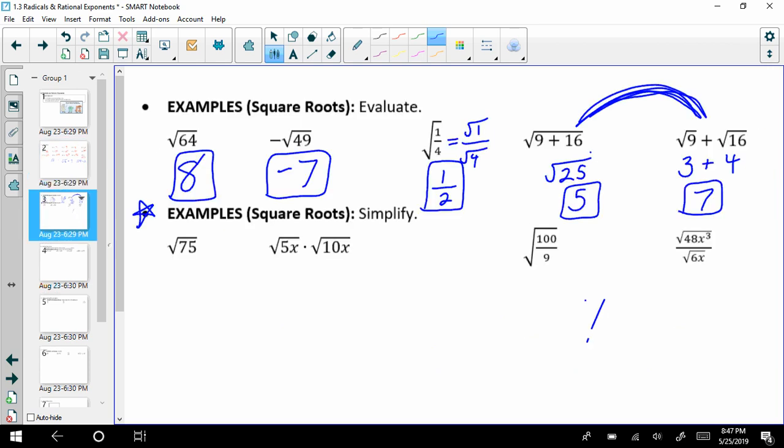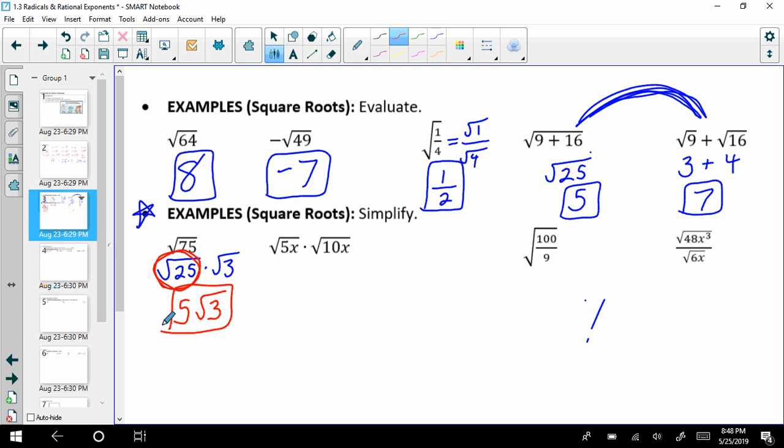So to simplify this, what I tell people is we can break it up into 25 and 3. 25 times 3 is 75. Focus on the one that is the perfect square, which is the 25. The square root of that is 5. I can't do anything with the 3. 3 is not a perfect square, so it stays square root 3. So my answer is 5 square root 3.